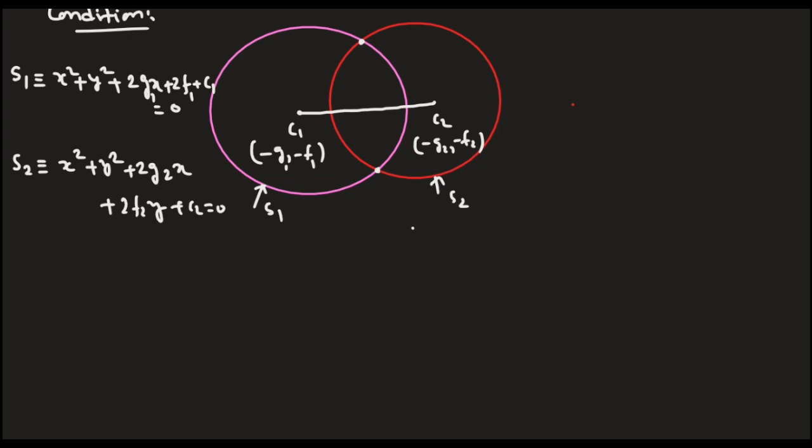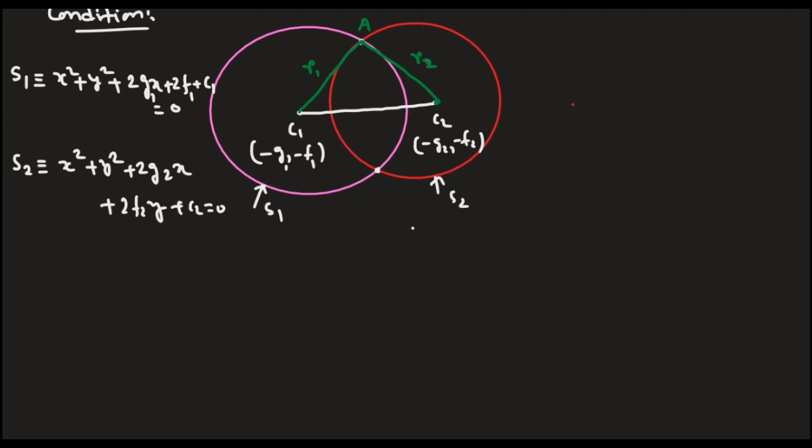Now if I join A with C1, I get AC1, which is the radius R1. Joining A with C2 gives the second radius, R2.